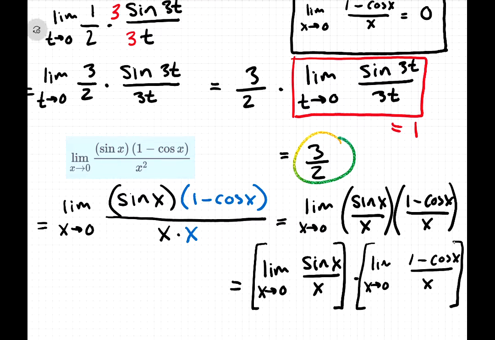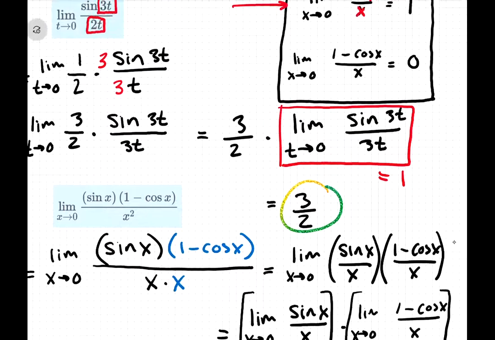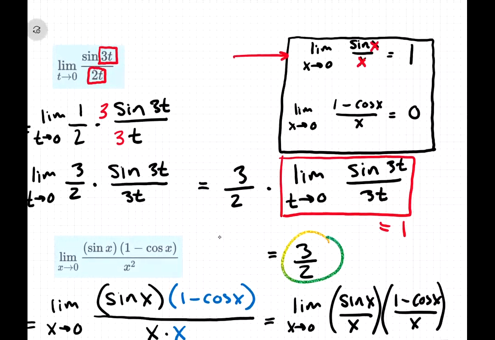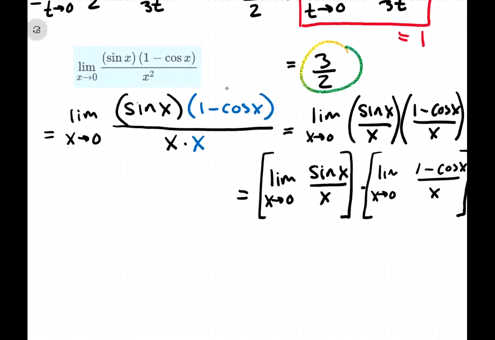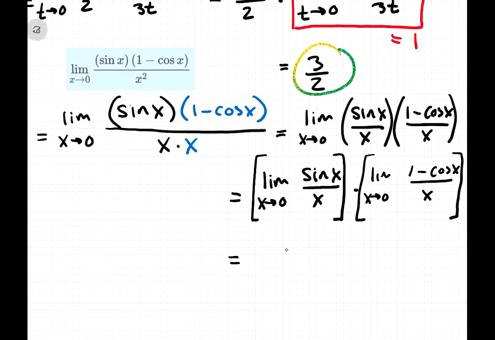And we have a formula for each of these. So in this case, we're going to apply both of them. So this should be equal to 1 times 0, or 0.